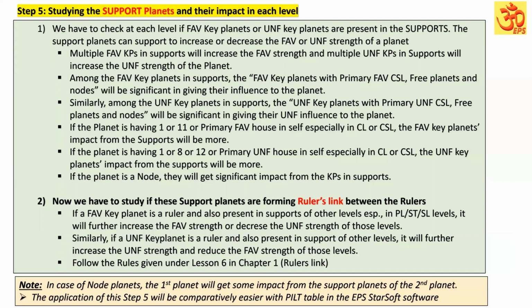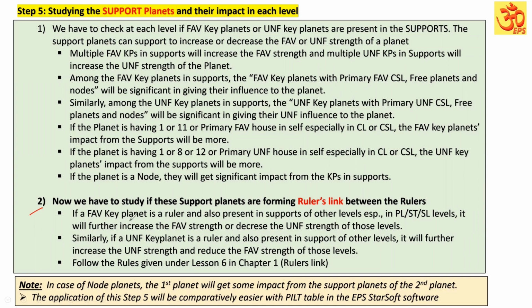We have discussed many planets in its supports. Suppose those support planets are also forming a rulers link, then what is it going to give? Let us check. Now we have to study if these support planets are forming a rulers link between the rulers.